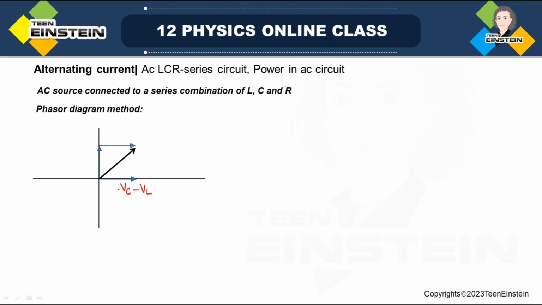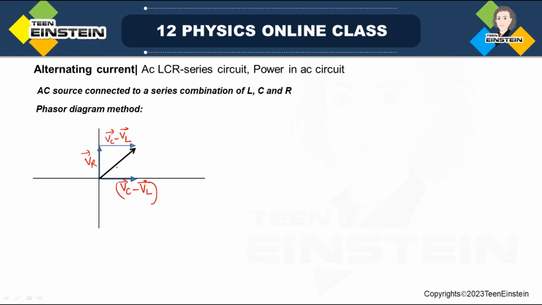I'm just taking the magnitude of them, or we can take the vector notation also, nothing matters. And I can draw this parallelly here also for calculation. And this is VR.